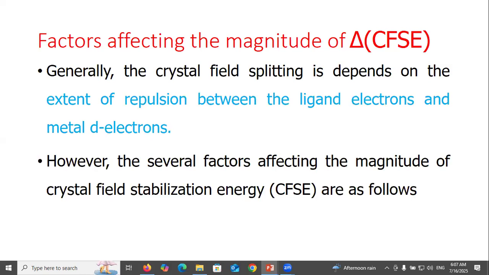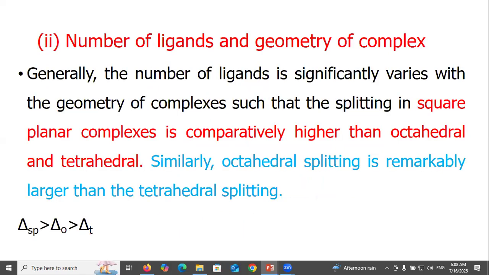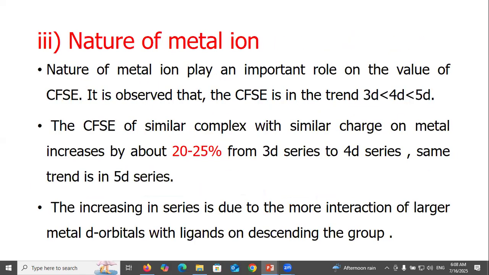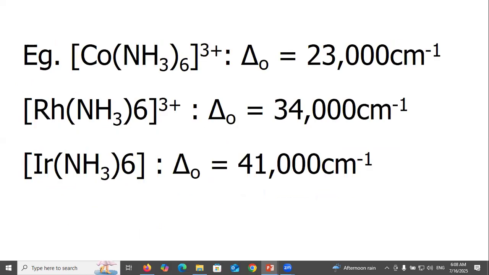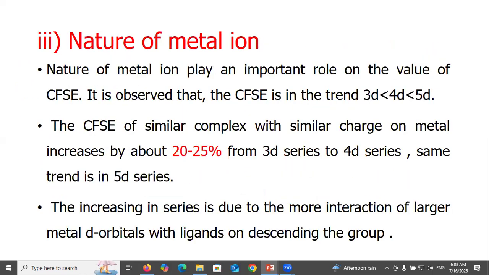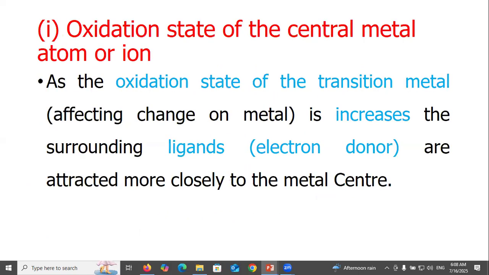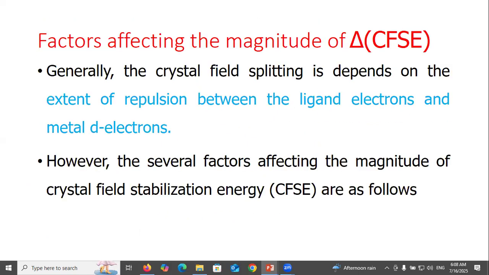So there are 4 factors: oxidation state, nature of ligands, nature of metal ions, number of ligands and geometry, which affect the crystal field stabilization energy.